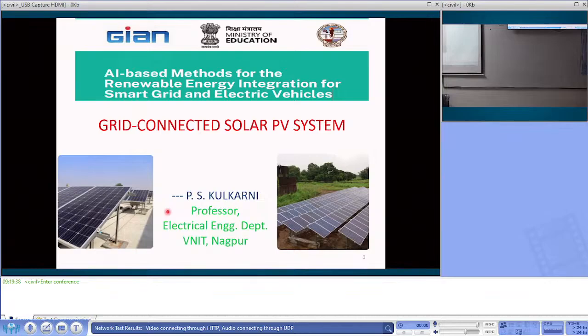Solar energy is a dilute energy source, because the origin is the sun and it reaches the earth across several thousand kilometers distance. People are working on concentrated solar power. Just as we used to concentrate sunlight during our school days to burn a paper using a lens, there we were doing concentration of solar rays.